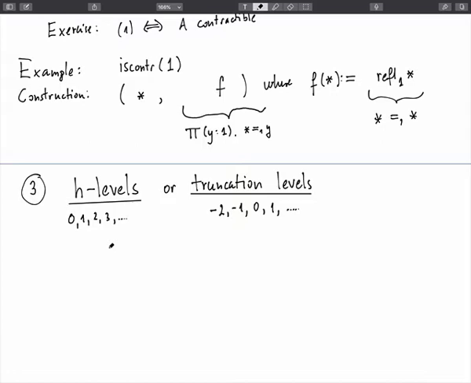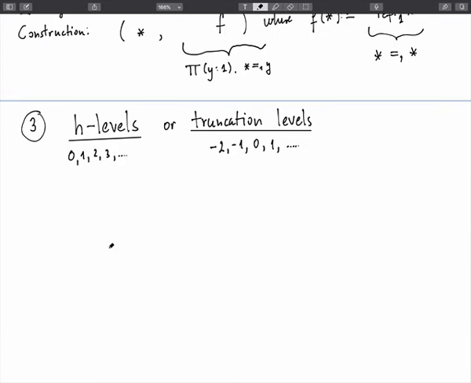Okay, so the truncation levels now go like this. First of all, we define what it means for something to be an n-type, for n going from -2, -1, 0.